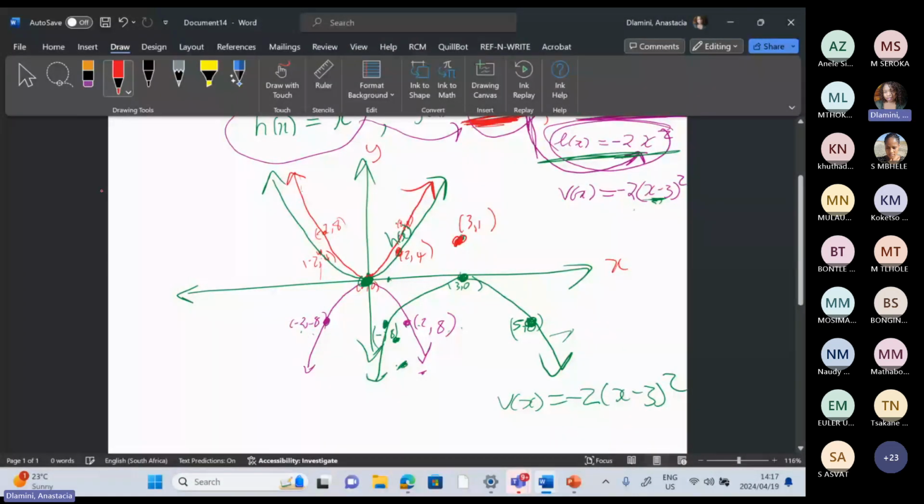This point shifts 1 unit up, so from 1 and negative 8 it will be 1 and negative 7. This point, from 5 and negative 8, will be 5 and negative 7. Then that's your new graph.